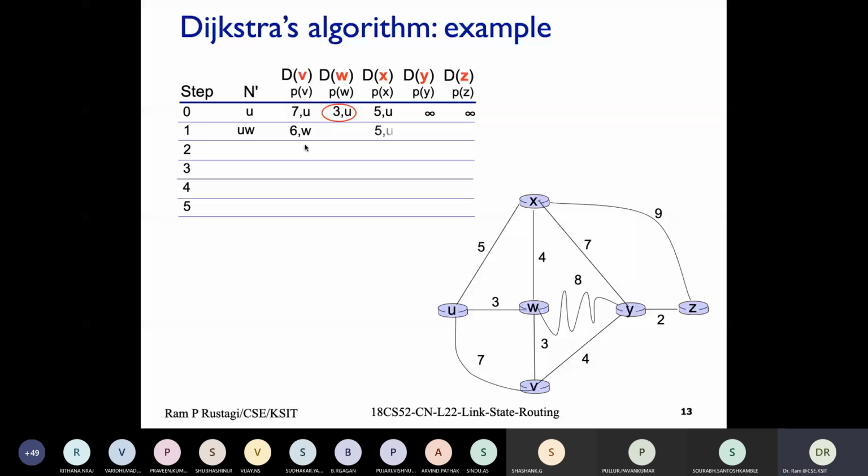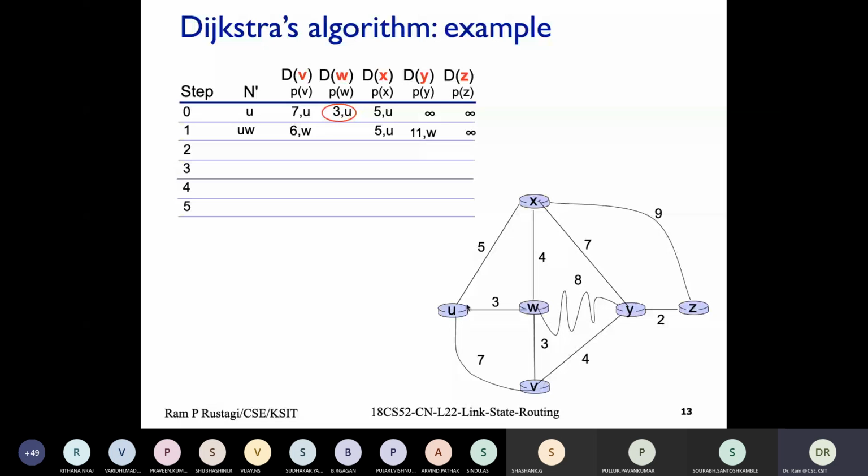Does my DX change? My DX is 5, my DW is 3, and the cost is 4. So 3 plus 4 is 7, which is more than my DX, so we don't update DX. What about DY? DY was infinity. Now my DW is 3 and the cost from W to Y is 8.